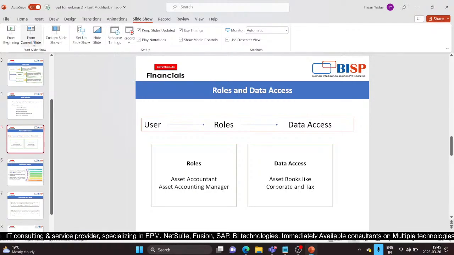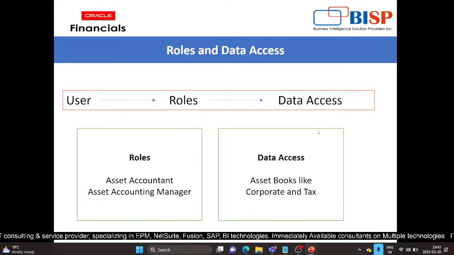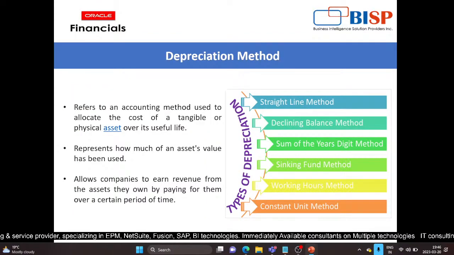So if I move to my next slide now, this was the configuration which was required for the asset creation. Now the depreciation method. Depreciation method refers to the accounting method used to allocate the cost of a tangible asset or a physical asset over its useful life.